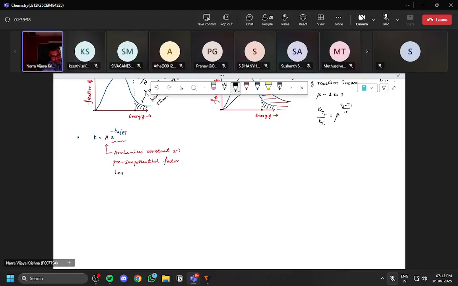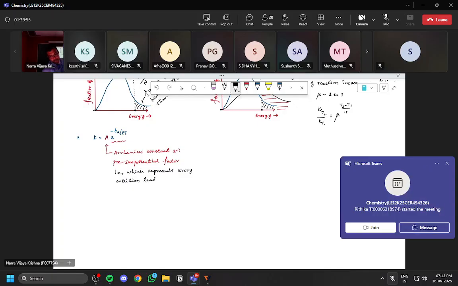The pre-exponential factor is a factor which represents that every collision leads to product formation.